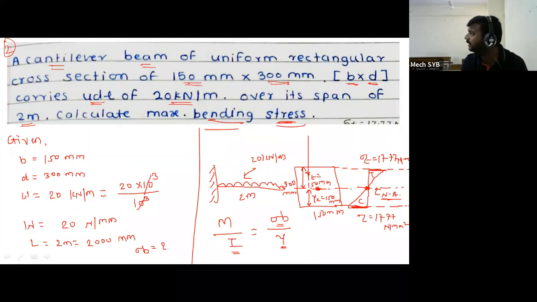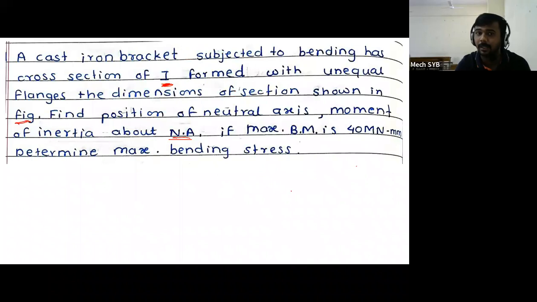XX ऍक्सिस. म्हणजेच काय? X ऍक्सिस म्हणजे त्याला आपण काय म्हणतोय? न्यूट्रल ऍक्सिस. त्यामुळे त्यांनी स्टेटमेंट मध्ये काय सांगितलं बघा, मोमेंट ऑफ इनर्शिया अबाउट न्यूट्रल ऍक्सिस. म्हणजे आपण IXX काढतोय तो तुमचा न्यूट्रल ऍक्सिस वरच प्रेझेंट असतो.